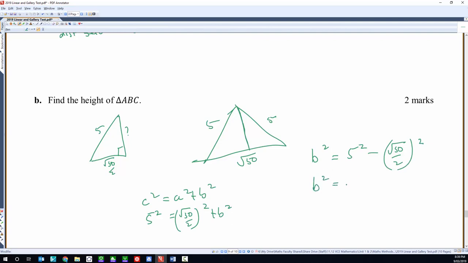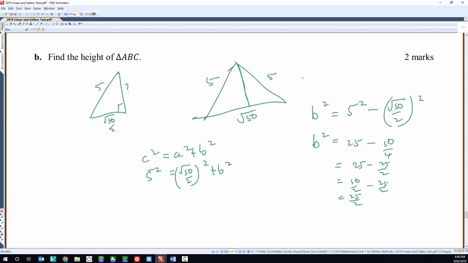B squared equals 25 take away 50 on 4, 25 take away 25 on 2, which is 50 on 2 take away 25 on 2 is 25 on 2.